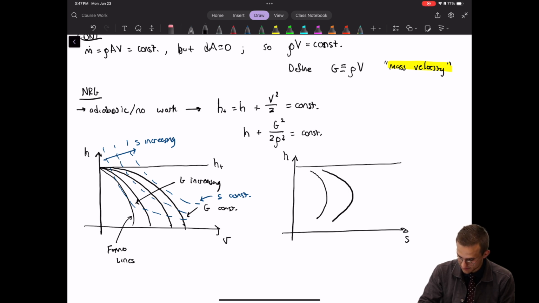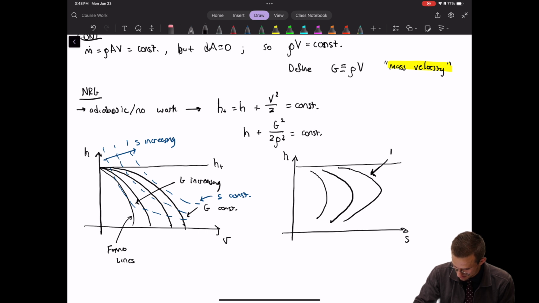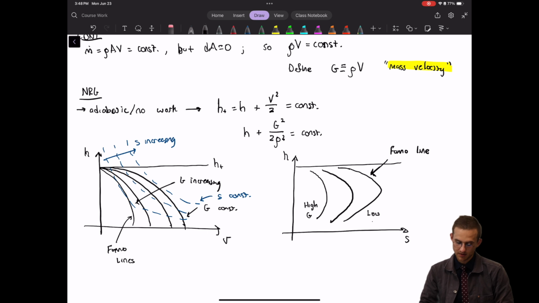Not exactly a parabola, of course, but sort of reminiscent of that. So each of these are now the Fanno lines. And like I said, this is in reference to the diagram on the left. That's the high G Fanno line, and then you have the low G, or low mass velocity, Fanno line out there.